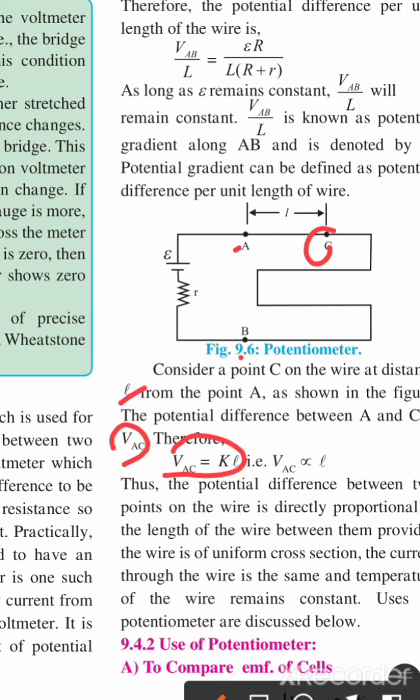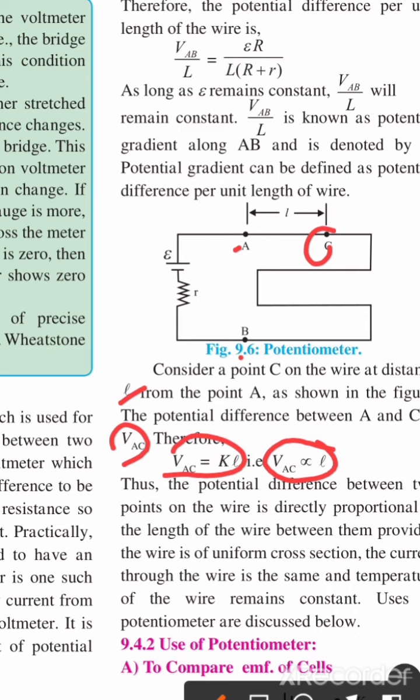That is, phi_AC is directly proportional to l because K is constant. Then V_AC upon l is constant, so the potential difference across wire AC is directly proportional to the length of wire AC.